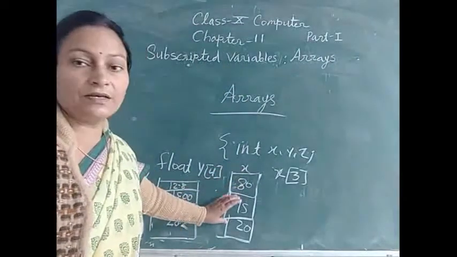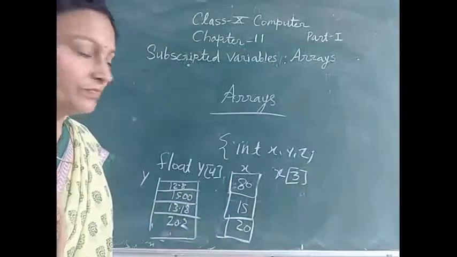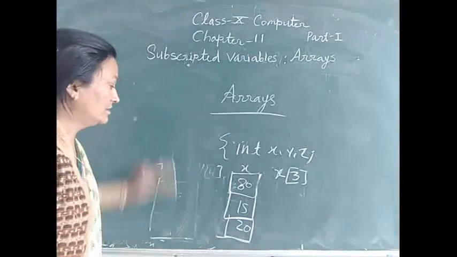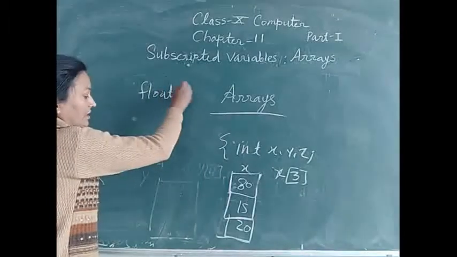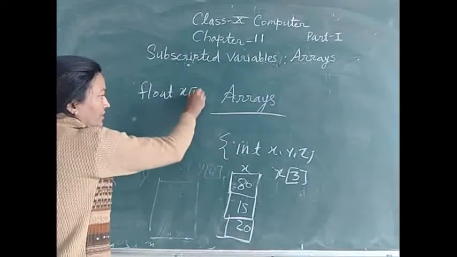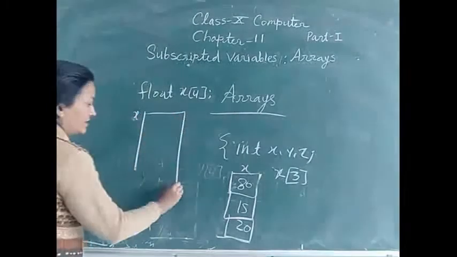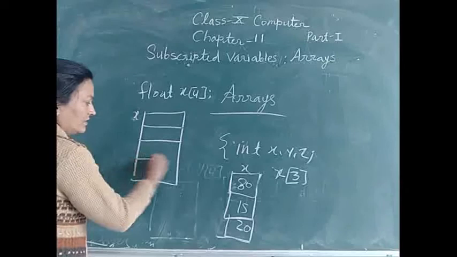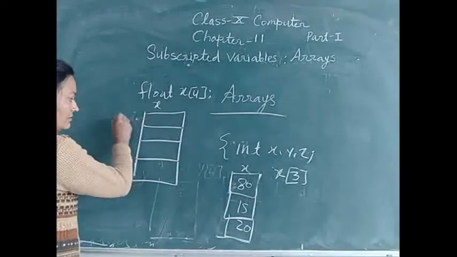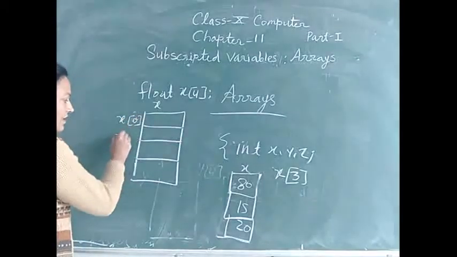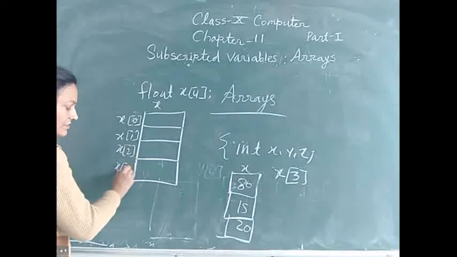These locations are represented by different index numbers. If we take an example of an array, float x[4], it means we declare an array whose size is 4, and the locations of this array are x[0], x[1], x[2] and x[3].